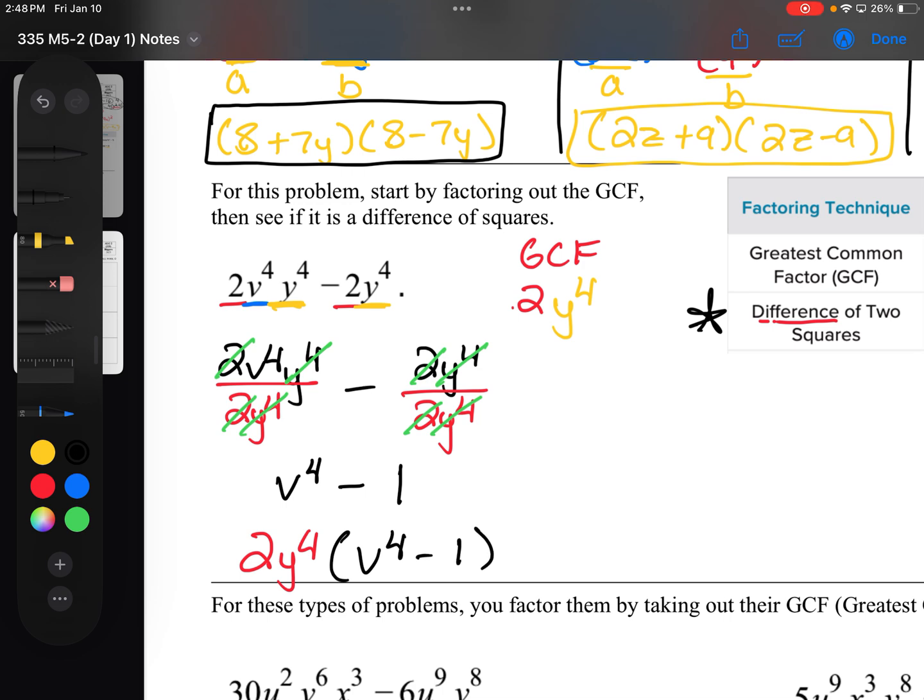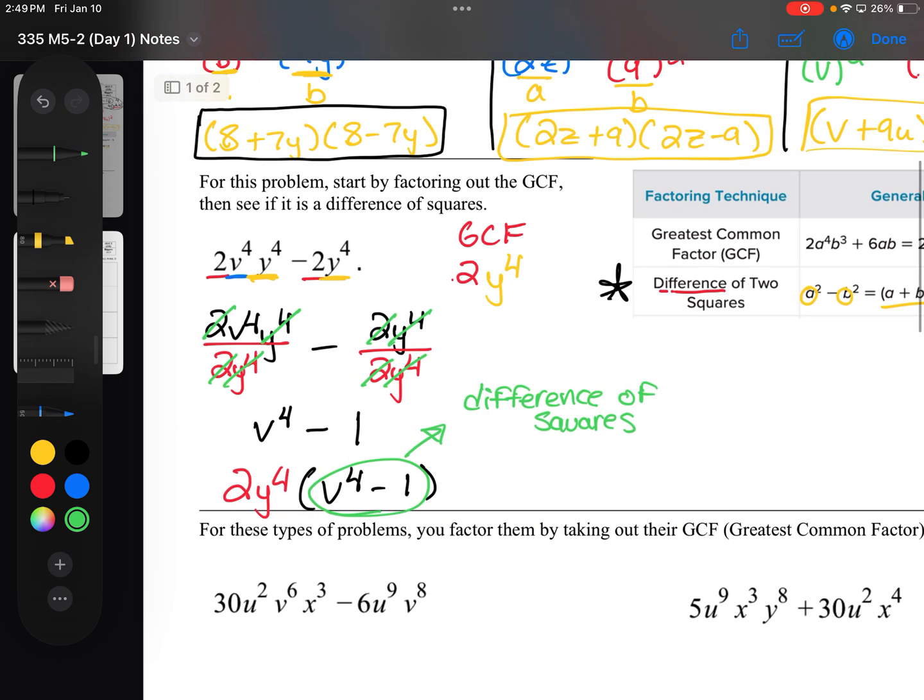The one thing with this is you need to look: is this a difference of squares? This is a difference of squares, so write this down. If you think about it, 1 times itself is 1 squared, so it is a difference of squares.